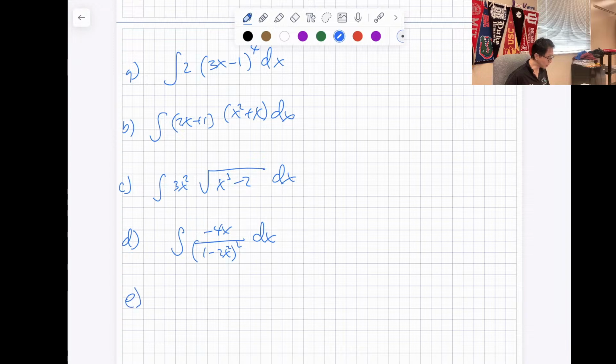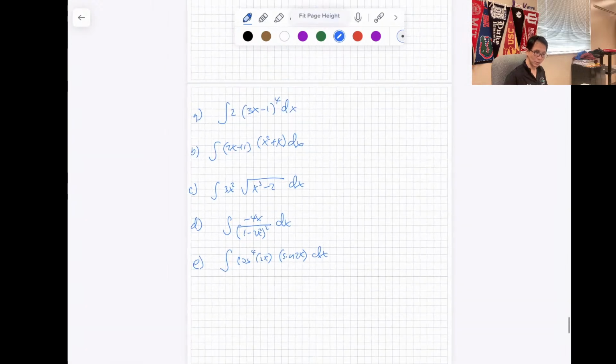E: integration of cosine to the 4th of 2x times sine of 2x dx. After you've done each one, check each other and make sure you got the right answer. Or you can double check on your own by taking a derivative of it. Can you zoom in a little? I'll try.